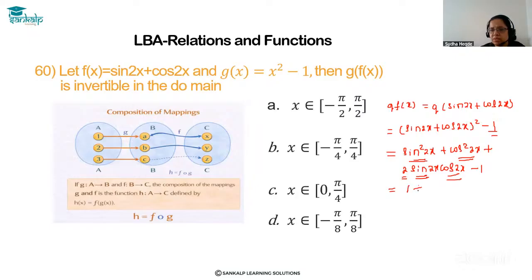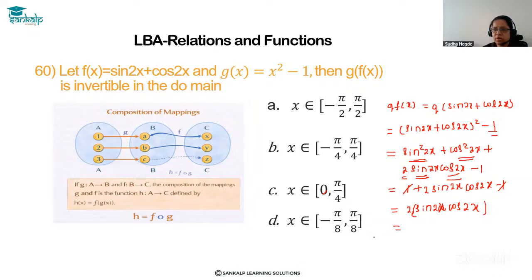So 1 plus 2 sine 2x cos 2x minus 1. So this 1 and minus 1 cancels. It is equal to 2 times sine 2x into cos 2x. 2 times you can write like this if you want.